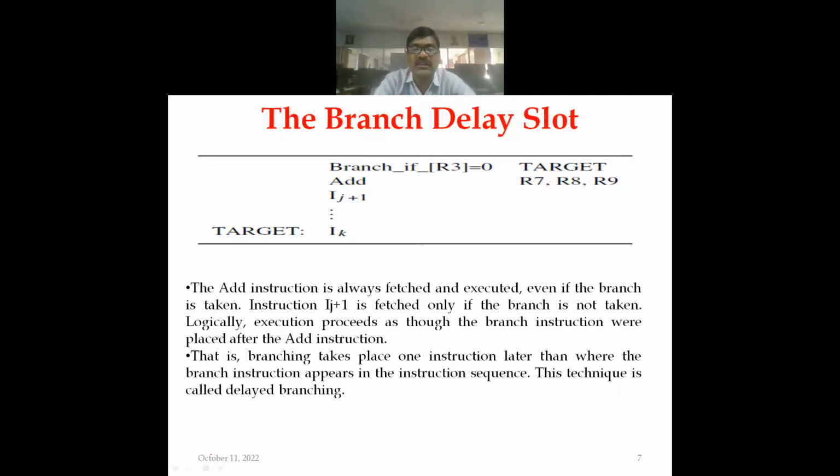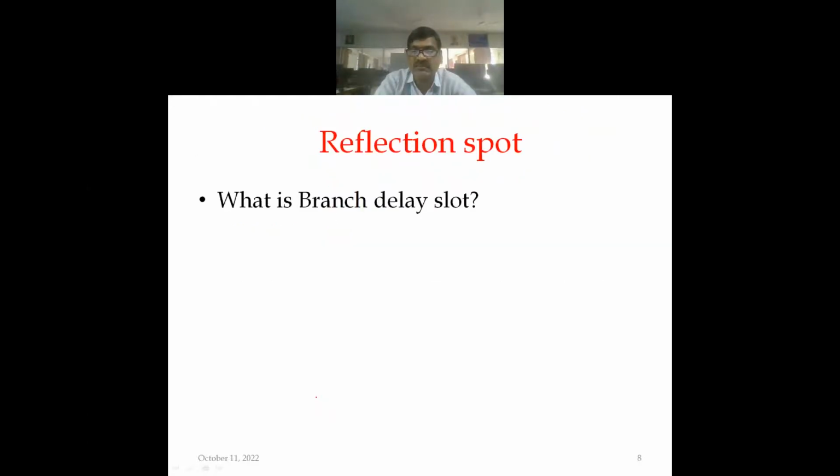That is, branching takes place one instruction later than where the branch instruction appears in the instruction sequence. This technique is called the delayed branching technique, and we can make use of it to reduce the branching delays.